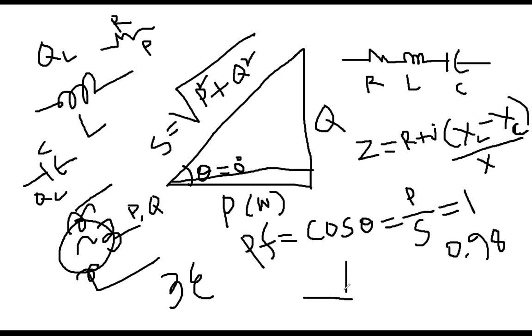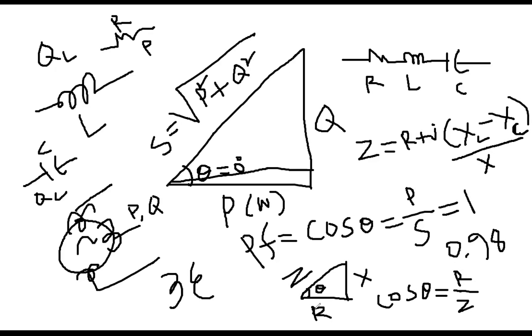If you see this triangle, like the impedance triangle, this is Z, this one is R, this one is X, and this one is theta. So therefore, look at this one. In this case also, cosine of theta, which is the power factor, is R over Z, right?